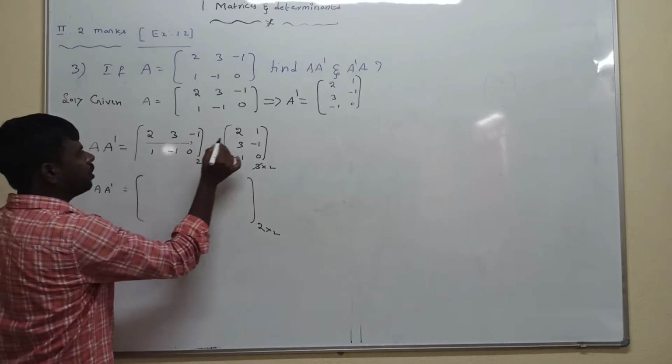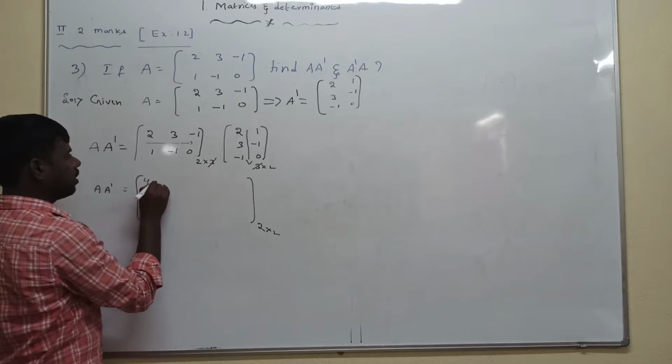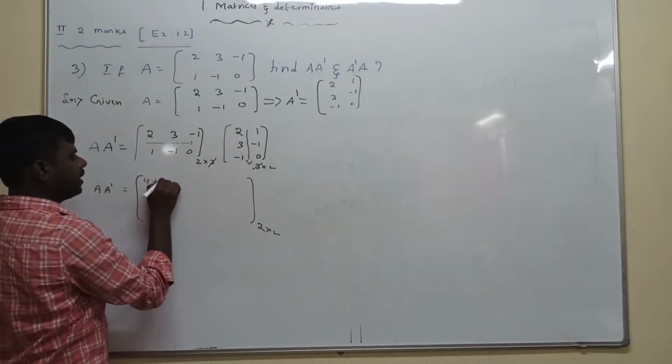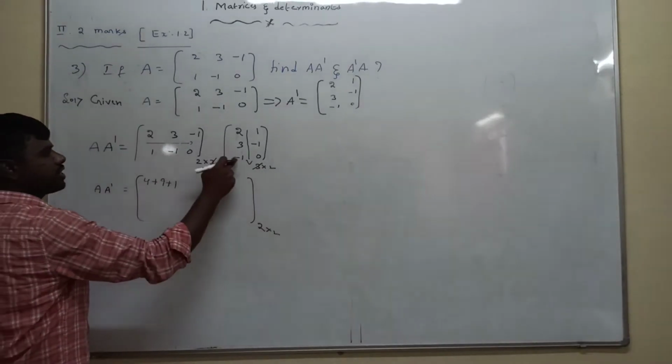First row, first column: 2 into 2 is 4, plus 3 into 3 is 9, plus minus 1 into minus 1 is plus 1. First row, first column is over.